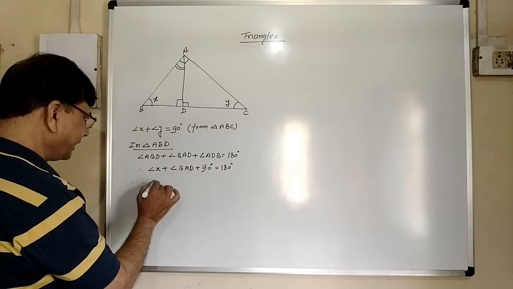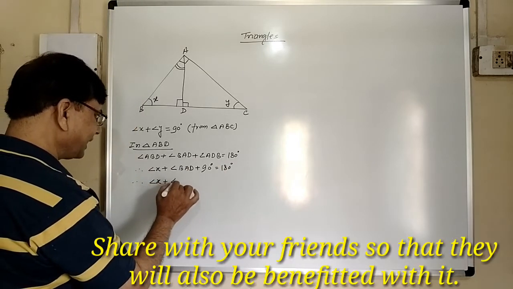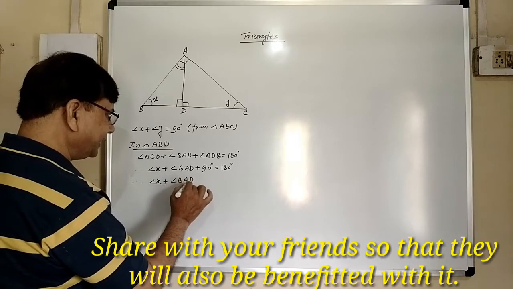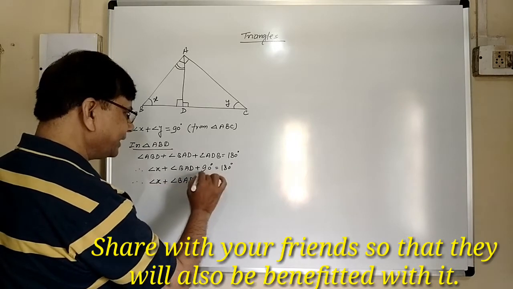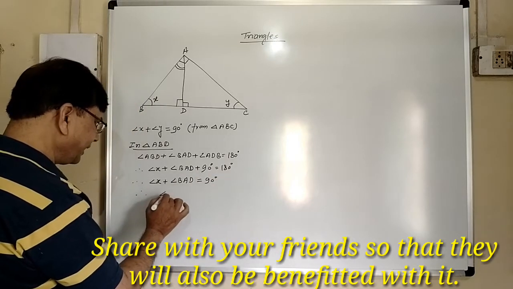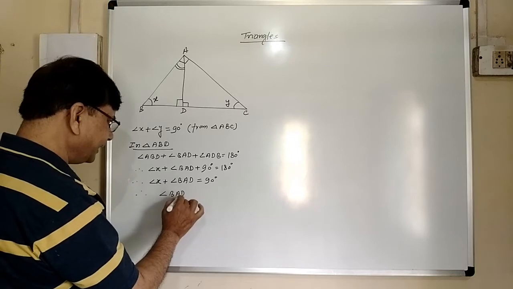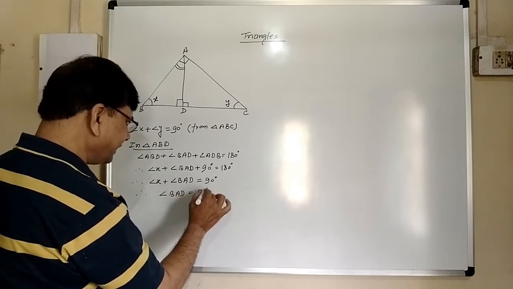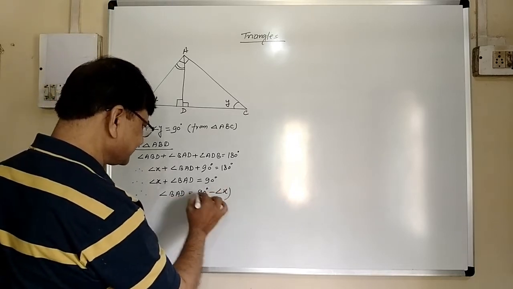Therefore, angle X plus angle BAD is equal to 180 minus 90, that is 90 degree. Therefore angle BAD is equal to 90 degree minus angle X.